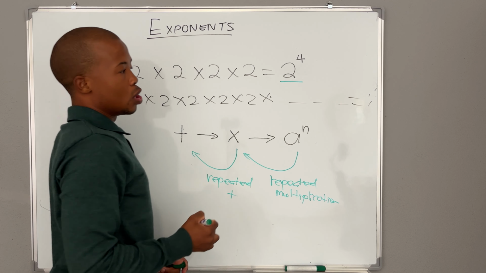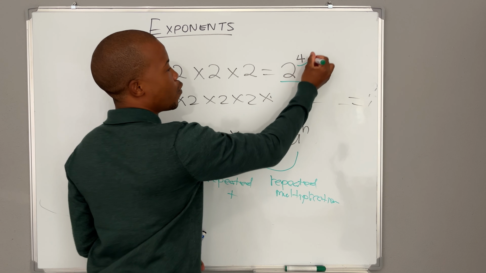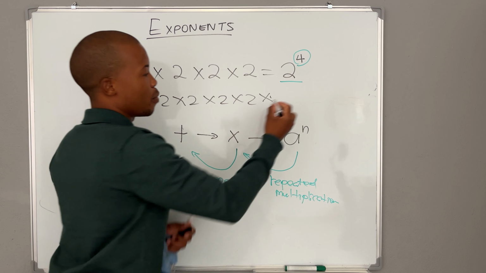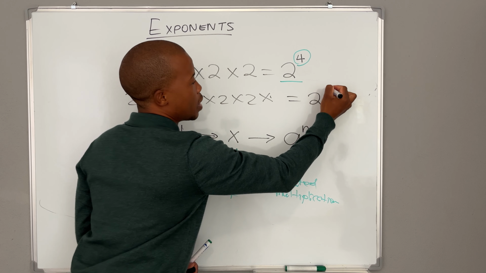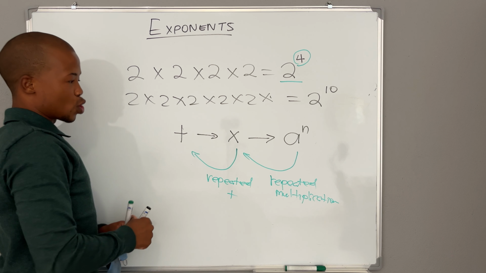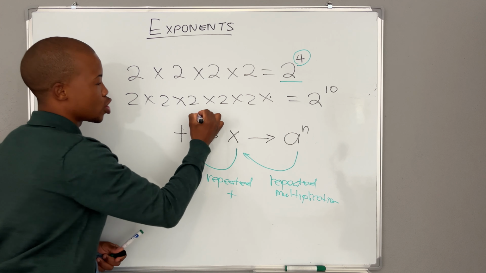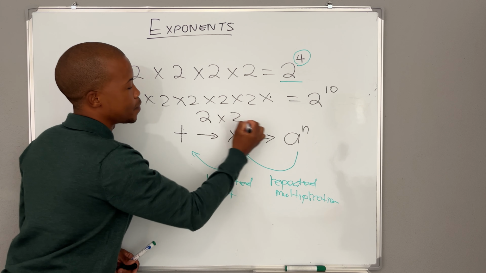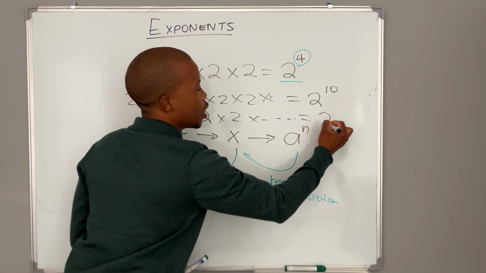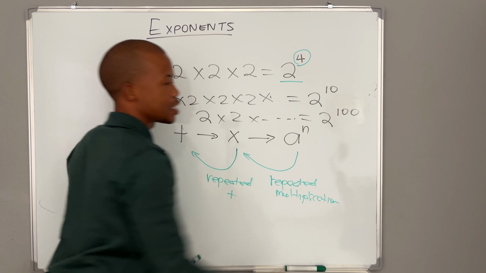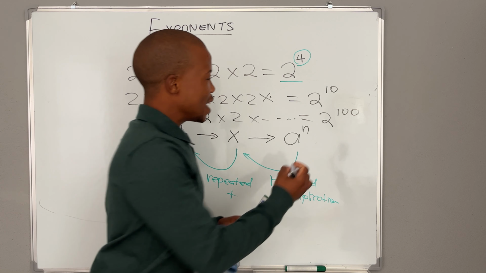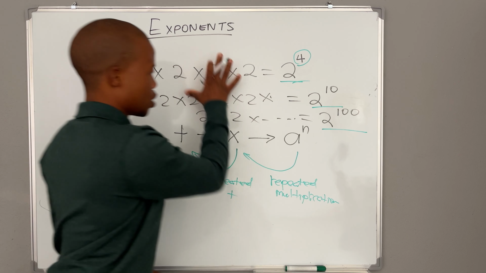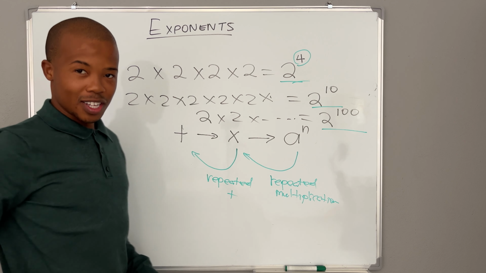For example, here, 2 was multiplying itself how many times? 2 was multiplying itself 10 times. Also, that other one where 2 is multiplying itself 100 times. So it's easier to write it this way than to try to write something this long.